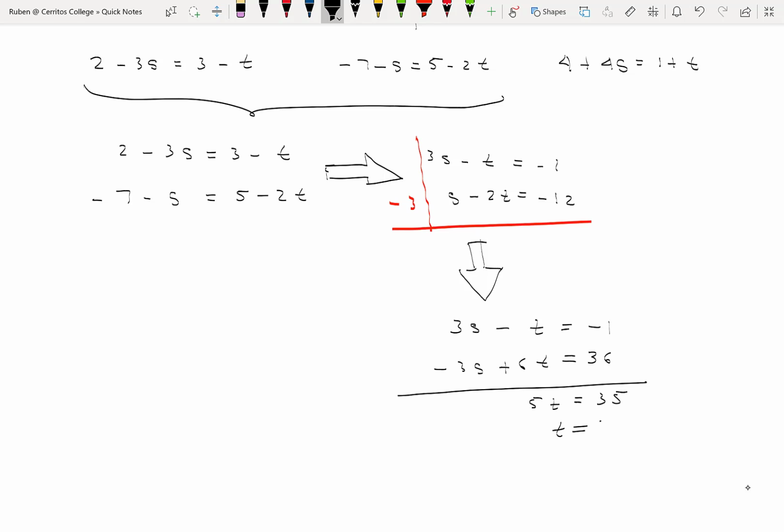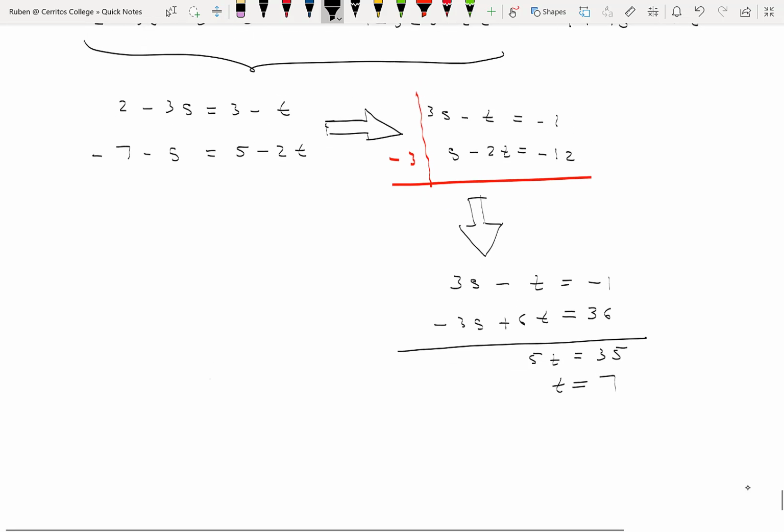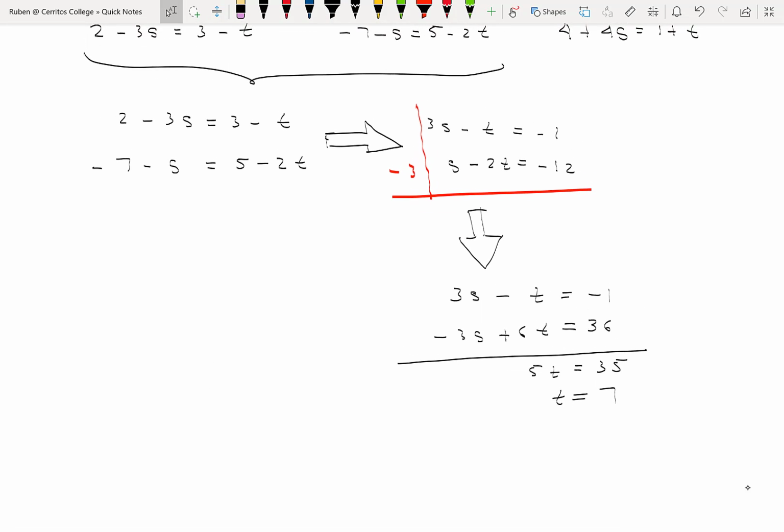So t equals 7. If these two lines are going to intersect at a particular time, it's going to be at time t equals 7 minutes, hours, whatever, on the second line. And to get the time on line 1, I'm going to substitute t equals 7 into either equation with s and t.